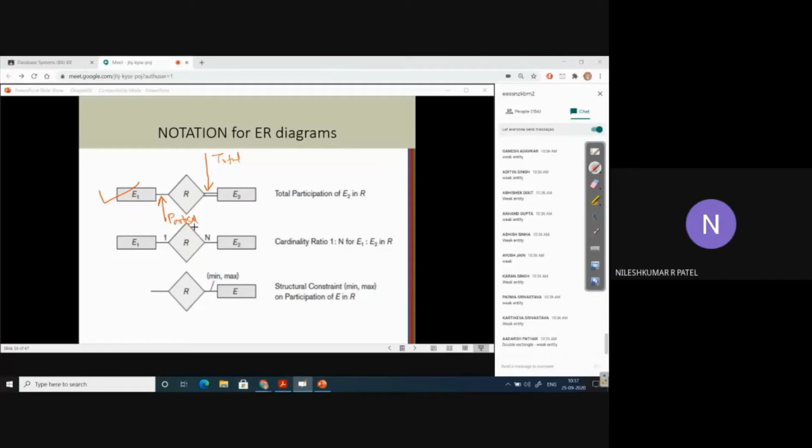And this symbolic representation represents cardinality ratio. One cardinality ratio is 1 is to n, another is 1 is to 1, n is to 1, and n is to m. So we may have four different types of cardinality ratios also. We'll discuss that too in today's class, right?